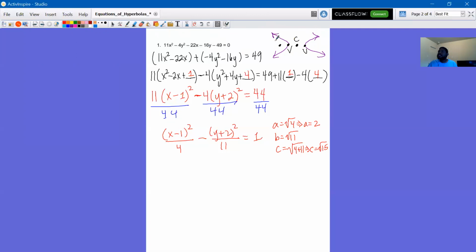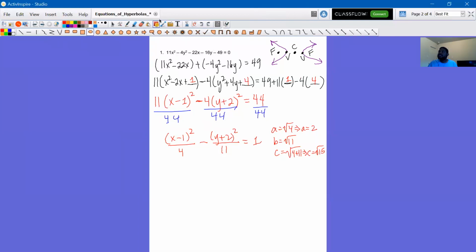Our focus points are here and here. And then we have our asymptotes. We have 2 slant asymptotes. One has a negative slope that goes through the center, and one has a positive slope that goes through the center.